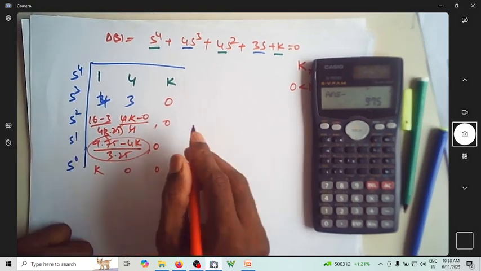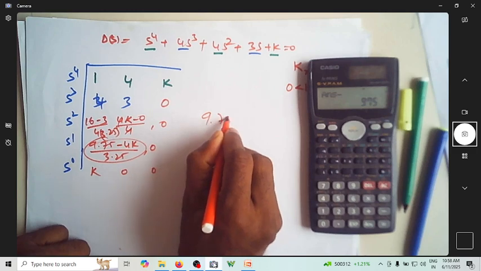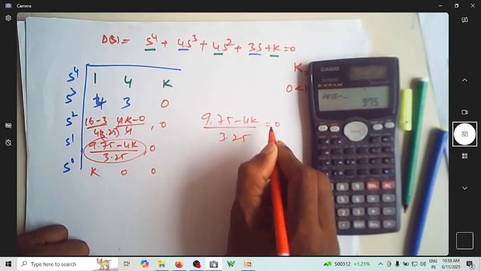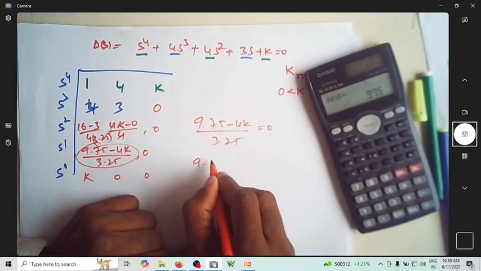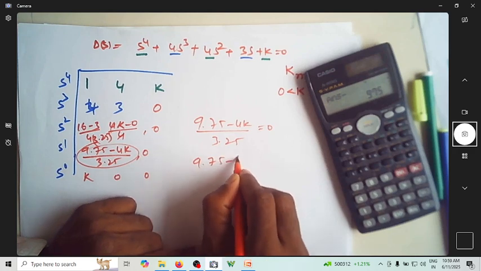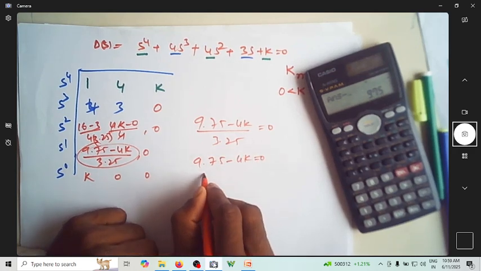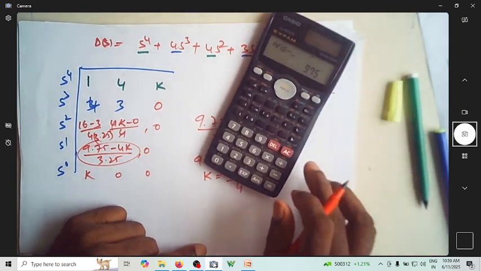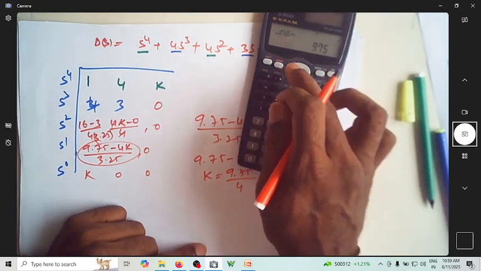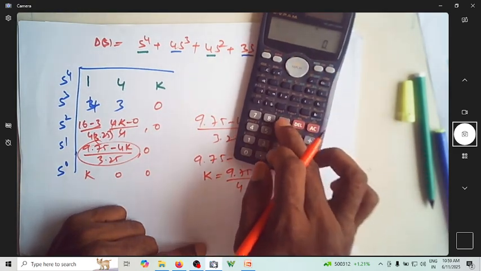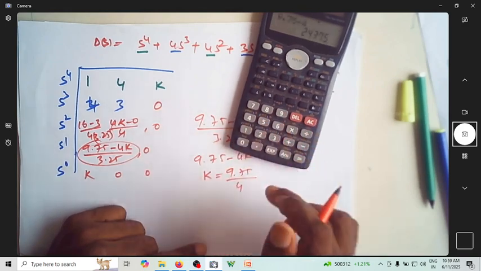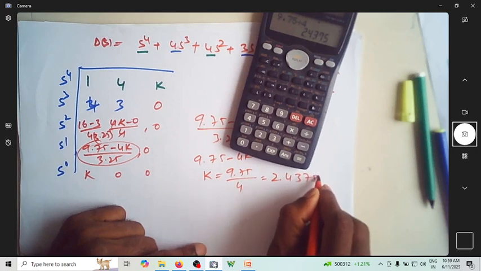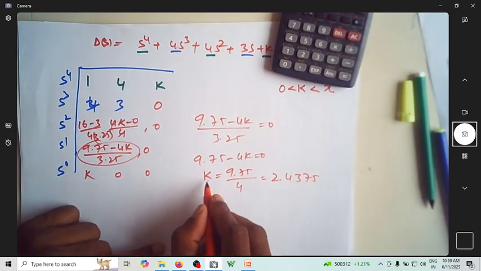So this row is now 9.75 minus 4k by 3.25, which is equal to 0. So naturally 9.75 minus 4k is equal to 0, then k is equal to 9.75 by 4, and 9.75 divided by 4 is 2.4375, the value of k.